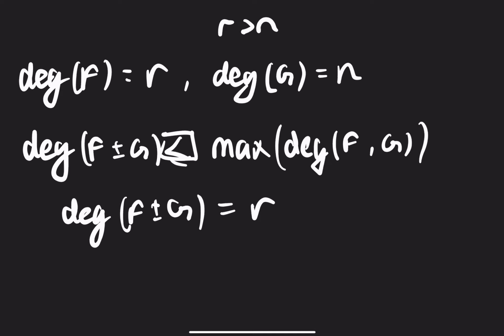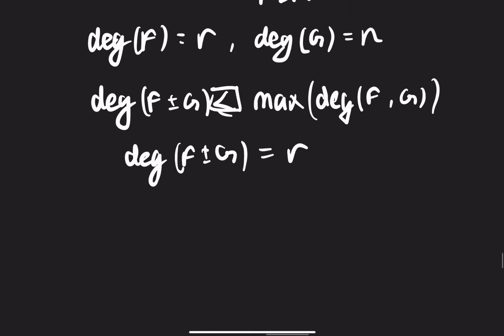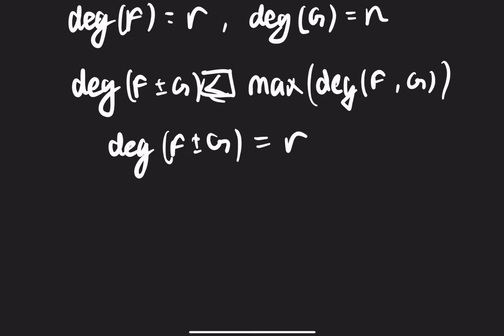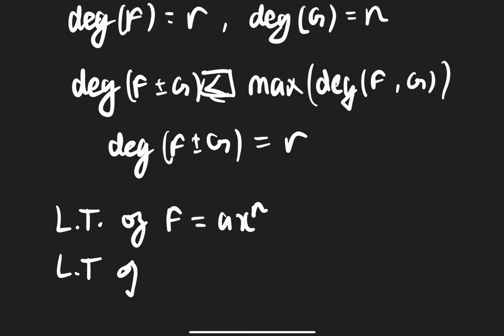And so the only way that this works for all cases is if it's less than or equal to, because there will be one case where, let's say, the leading term of f is ax to the power of n, and the leading term of g is ax to the power of n again.